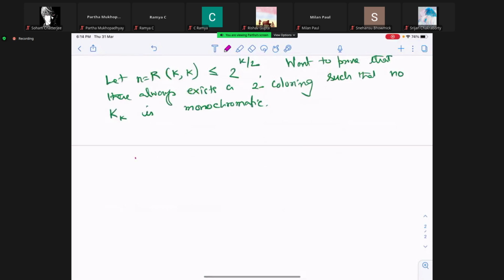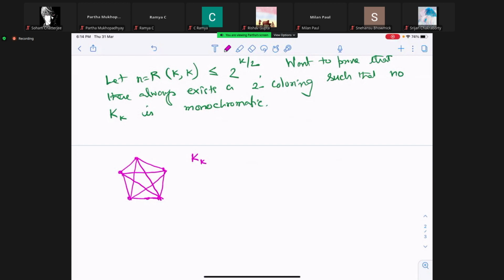Now let's take one K_k. I'm not good at drawing that much. This is, of course, not K_k, this is like some K5. So take some K_k and let's try to color that K_k randomly.